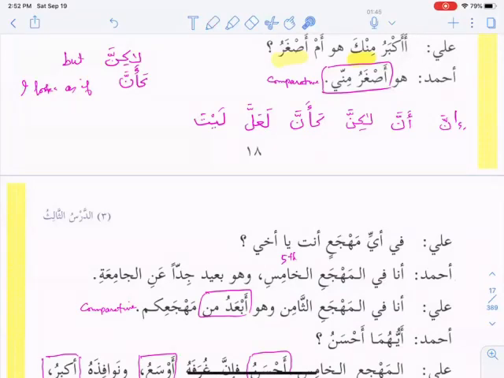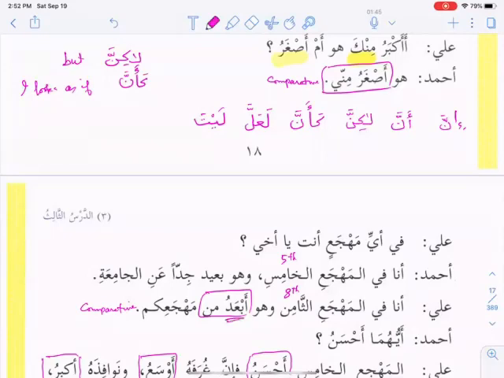وَهُوَ بَعِيدٌ جِدًّا عَنِ الْجَامِعَةِ, and it is very far from the Jamia. Ali says, أنا في المهجع الثامن, that is 8th, وَهُوَ أَبْعَدُ.